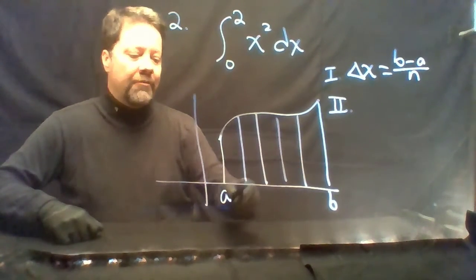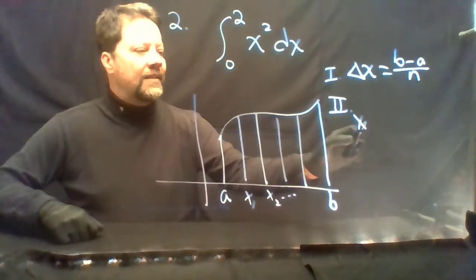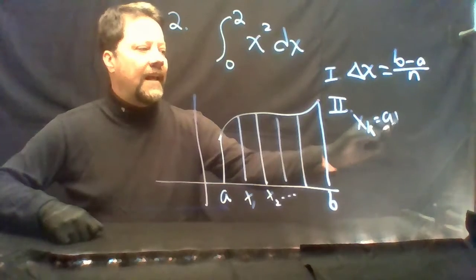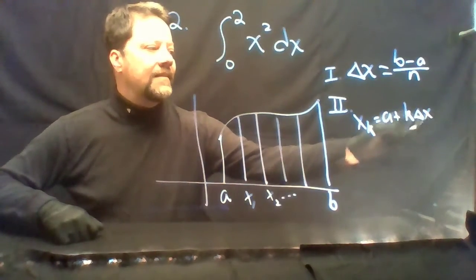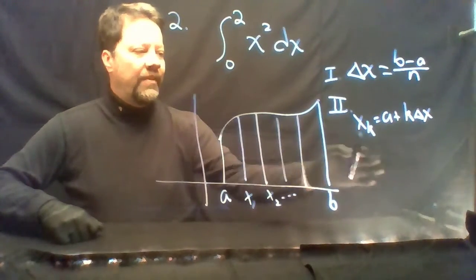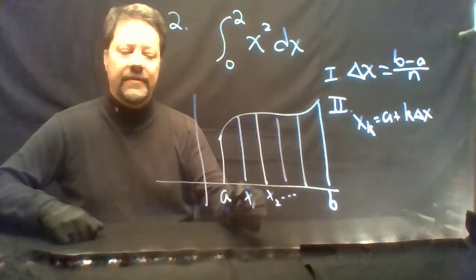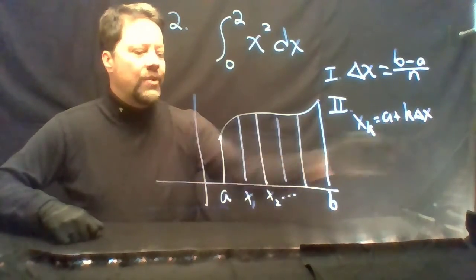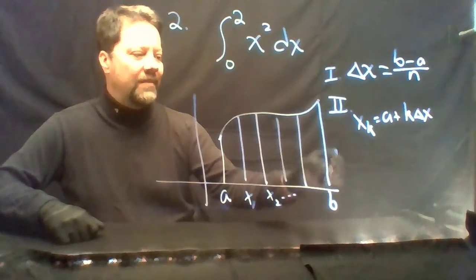The second thing you need to remember is where these partition points are. X sub k is a plus k times delta x. So for x1, you move 1 delta x over from the left-hand endpoint. When k is 2, you move 2 delta x's over from the left-hand endpoint, and so on.